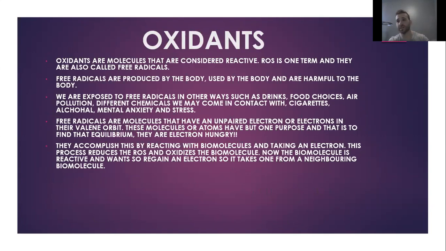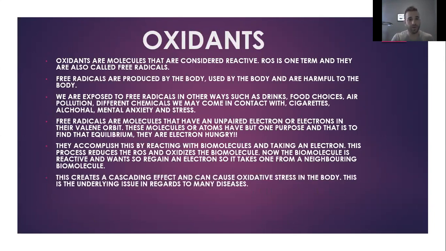Once that biomolecule has electrons stolen, it now becomes a free radical, and it steals, and then it starts to cascade throughout the cell, bringing the voltage of the cell down, oxidizing the cell, and basically breaking it down. This creates a cascading effect and can cause oxidative stress in the body. This is the underlying issue in regards to many diseases.